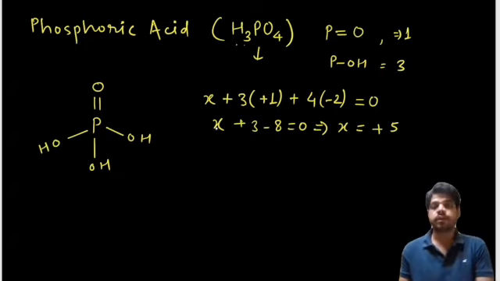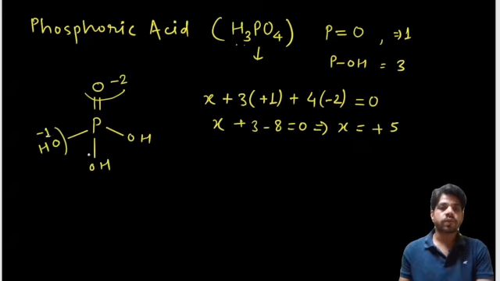Now as I said, how can we do it in a tricky way? If we have phosphorus double bond oxygen, we consider the double bond O as a minus 2 charge. If we have single OH, we consider this as a minus 1 charge. As you all know, oxygen contains minus 2 and OH contains minus 1. That's why I'm writing like this. This OH will also contain minus 1 charge, and this OH will also have minus 1 charge.